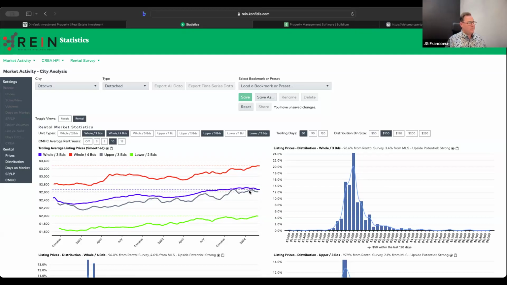3-bedroom homes relatively flat. 3-bedroom uppers, essentially a little bit of up and down, but relatively stable. So I think typically what this means, folks, when you have this kind of behavior in the chart, this means you are pushing the tip top of the rents for that category of property.